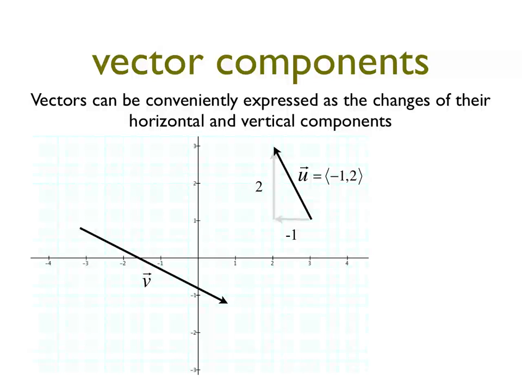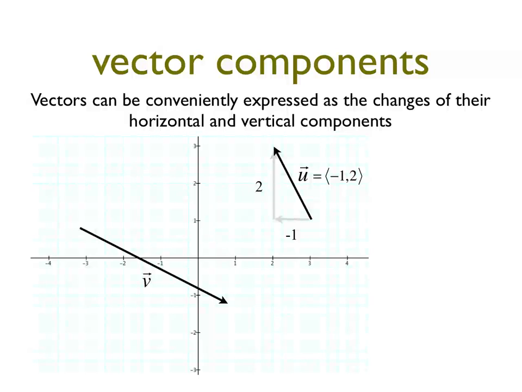And so here's how we can represent that vector in what's called component form. Now notice that -1, 2 is not a point. It's not a location. What are those values? -1 and 2 represent changes, right?